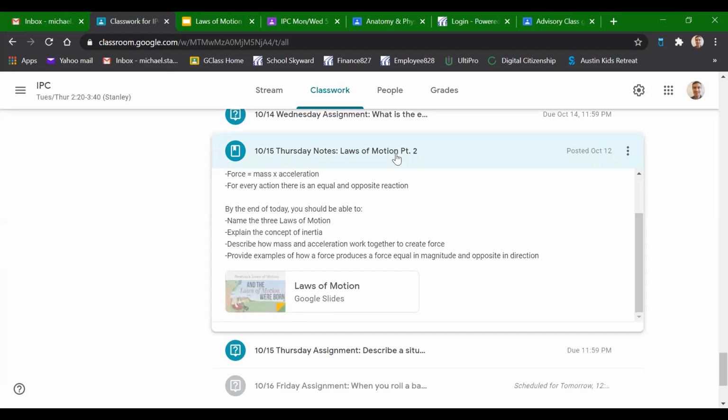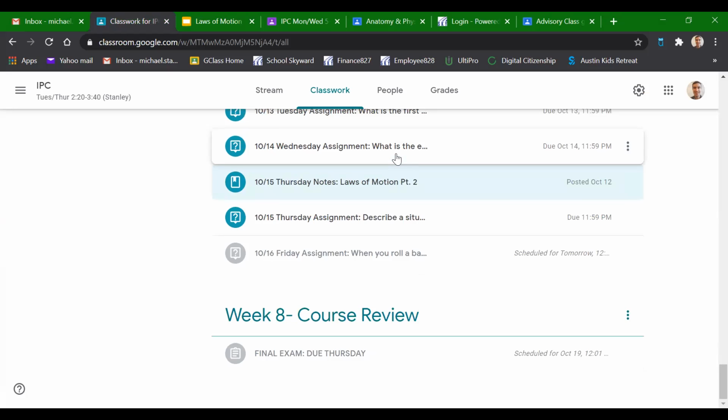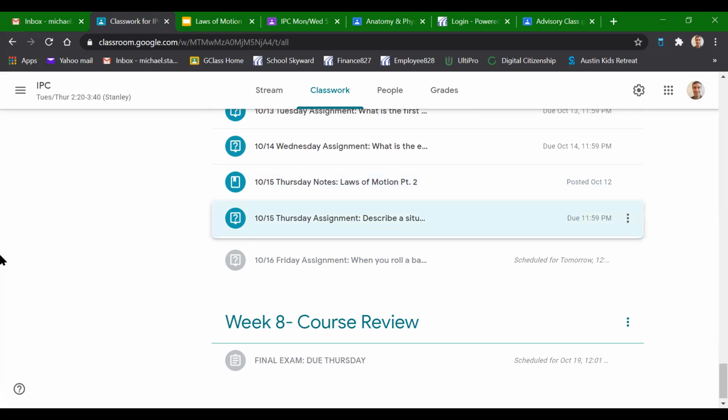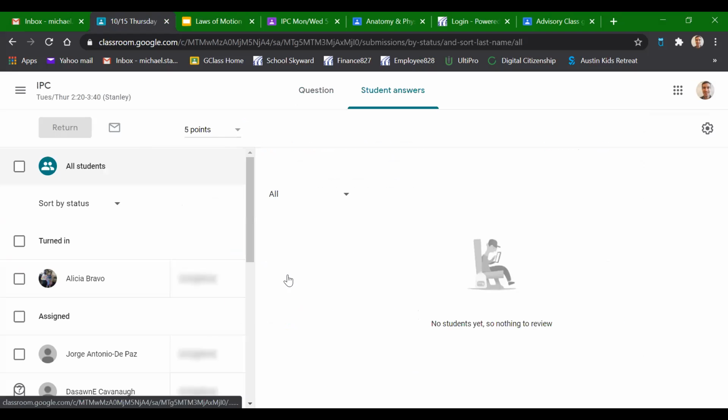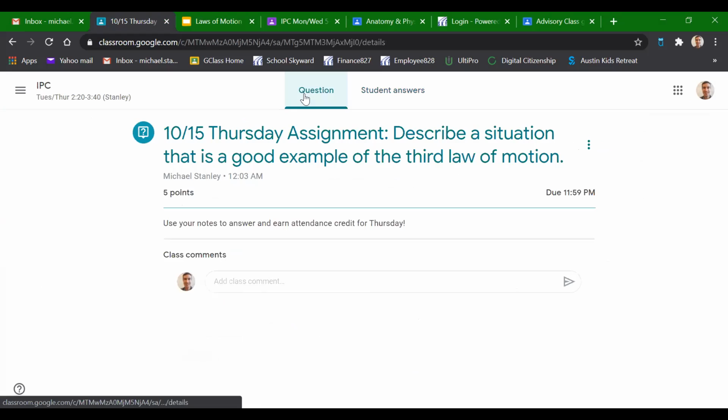All right, so your final two homework assignments for this week both have to do with these laws of motion that we've been covering all week. The question for today is a third law question, where essentially I just want you to describe a good example of the third law of motion.